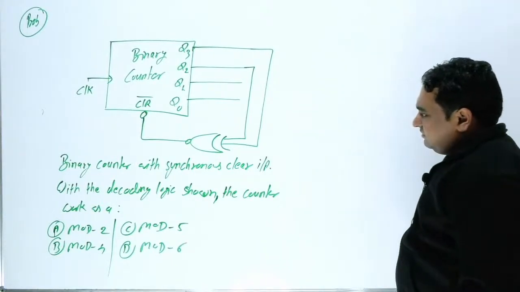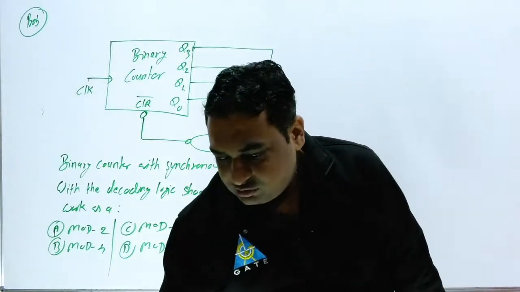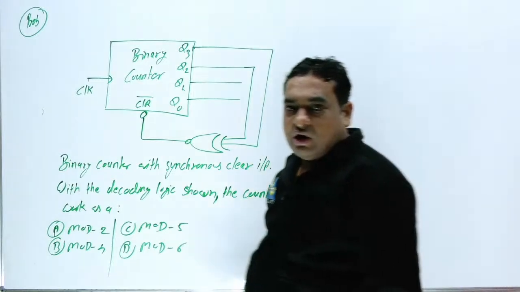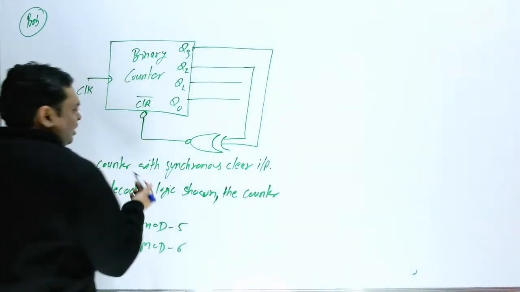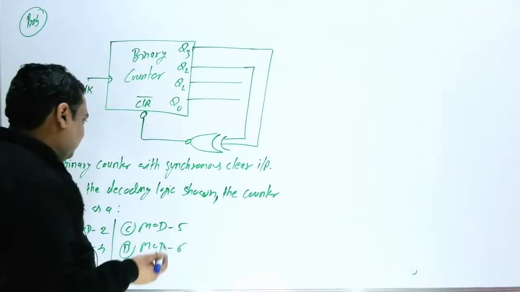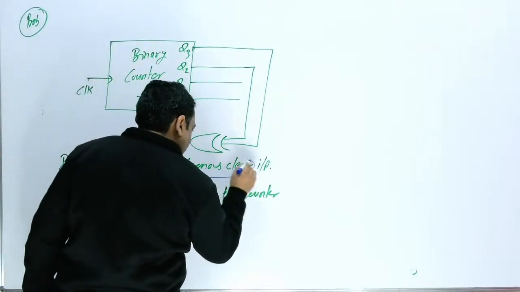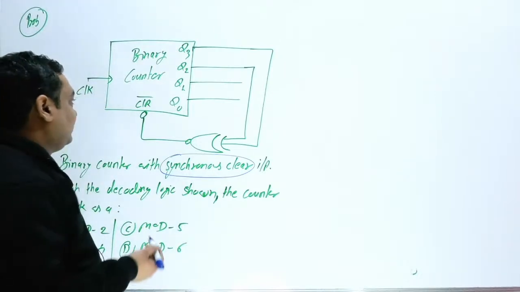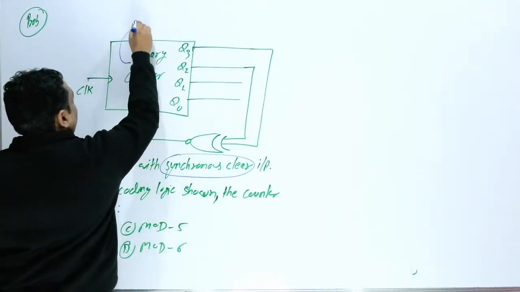Again they have mentioned synchronous clear. But in this question they have not mentioned whether this counter is synchronous or asynchronous. It can be either, but if the examiner has mentioned synchronous clear, we can assume the counter will be a synchronous counter.